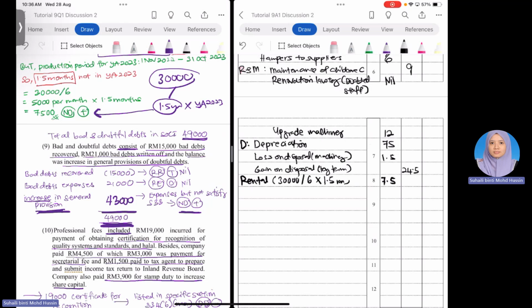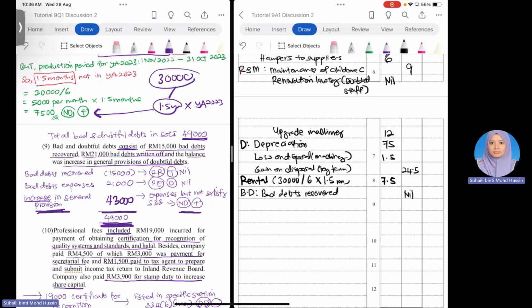Okay, so bad and doubtful debts, number 9, put as BD. First is the bad debt recovered. The amount is not subject to tax as it is a revenue receipt. So in the minus column, we just record nil, because the 15,000 ringgit you already added in the SOCI.